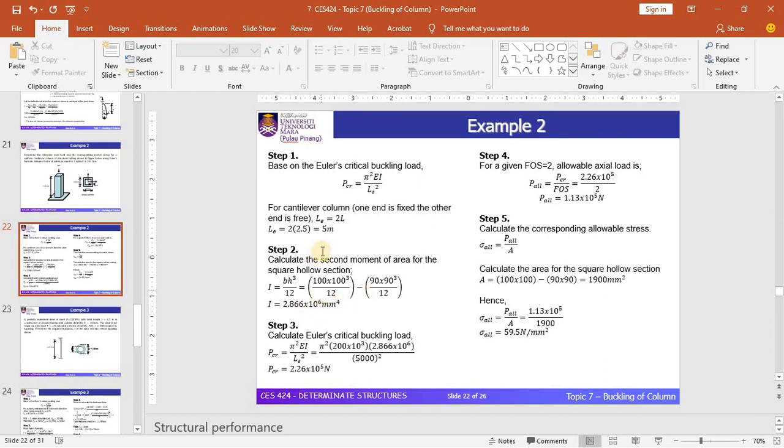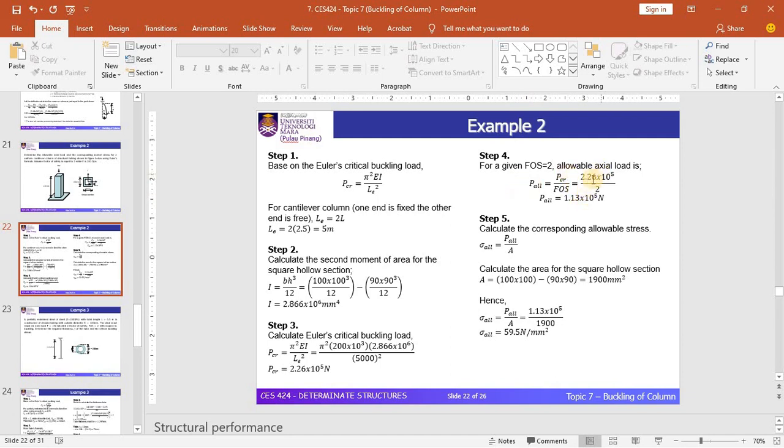Once you have obtained the values of LE and I, you can calculate the value of Euler's critical buckling load. The value is equal to 2.26 times 10 to the power of 5 Newton. By using the FOS equation, we know that the FOS is equal to P ultimate divided by P allowable. I have mentioned that the P ultimate is referred to as PCR.